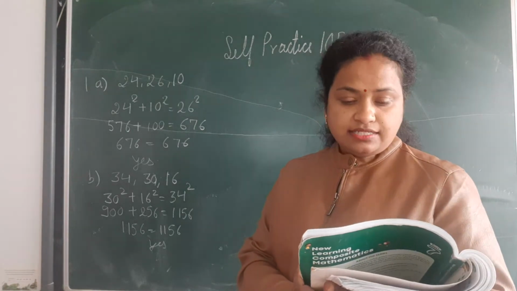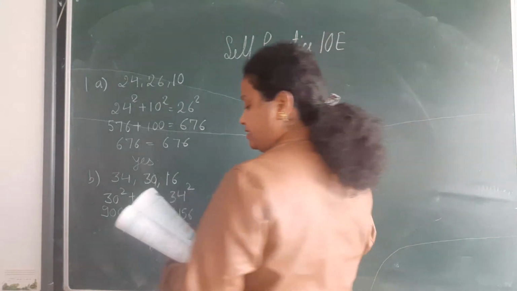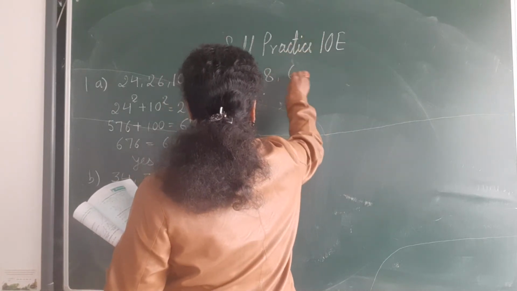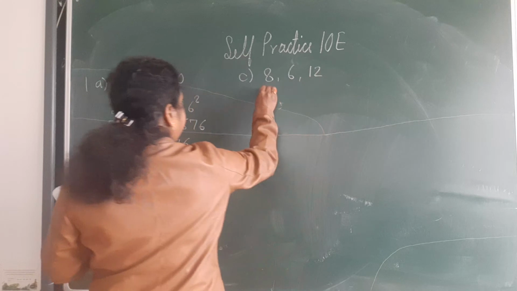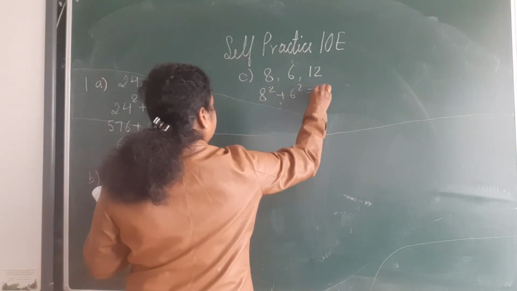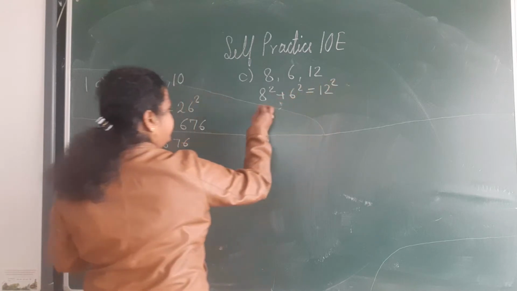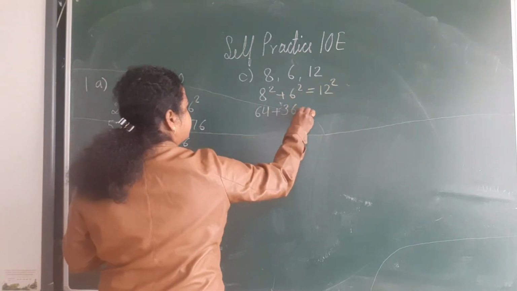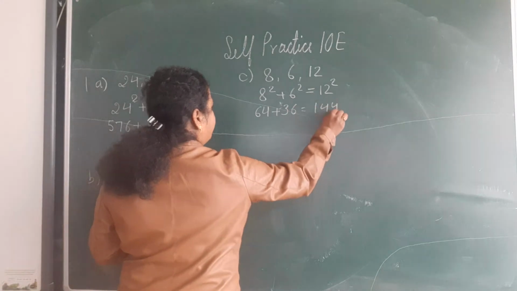Now see the C part. 8, 6 and 12. 8 square plus 6 square is equal to 12 square. 8 square is 64, 6 square is 36 and this is 144.